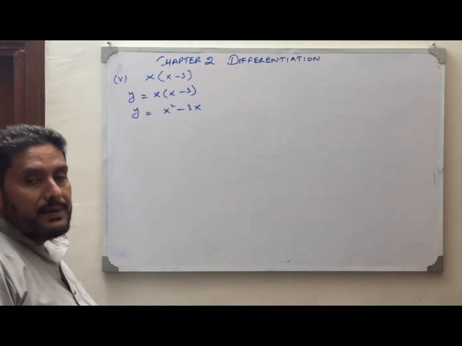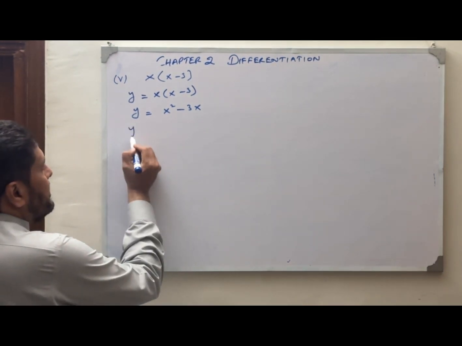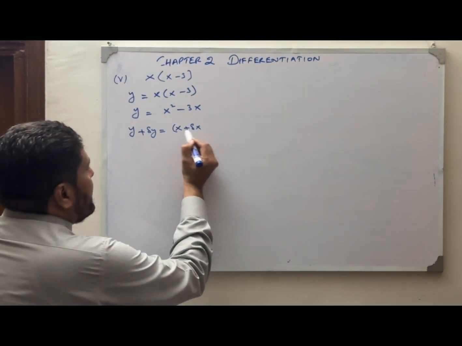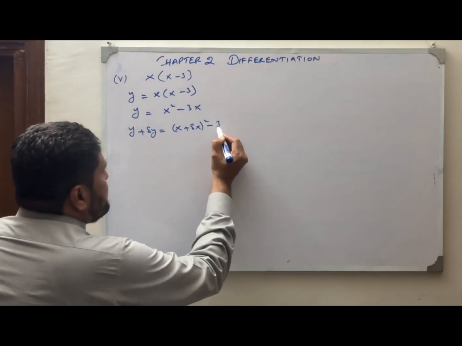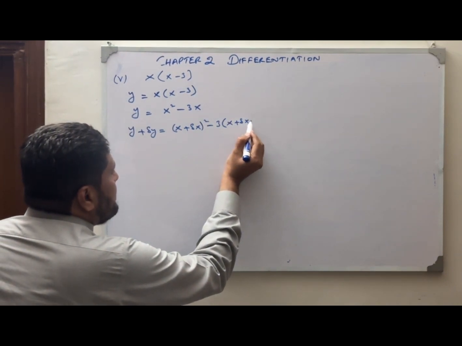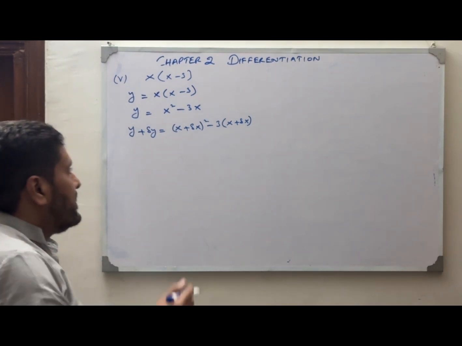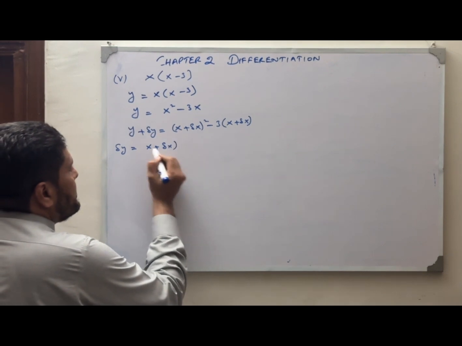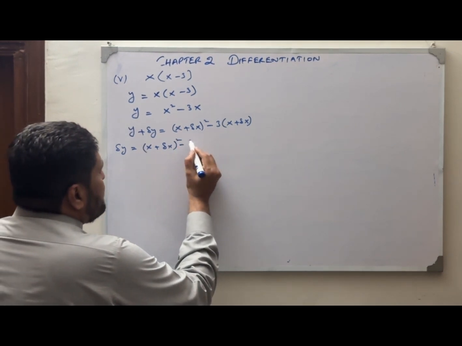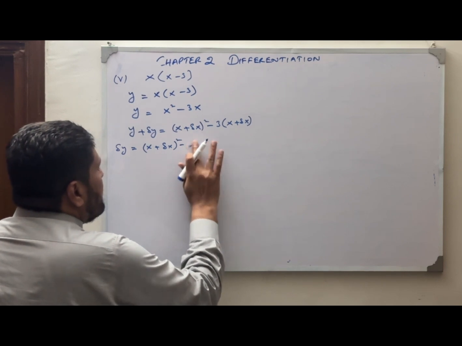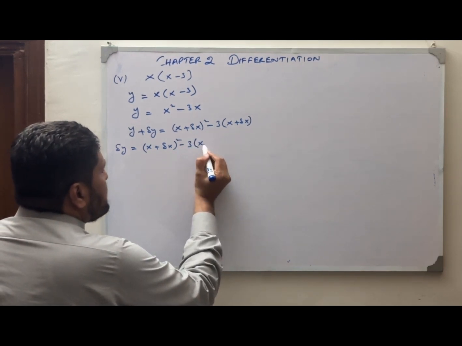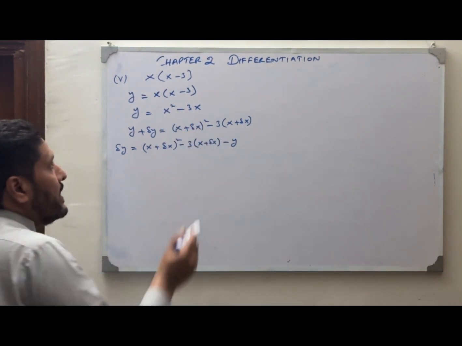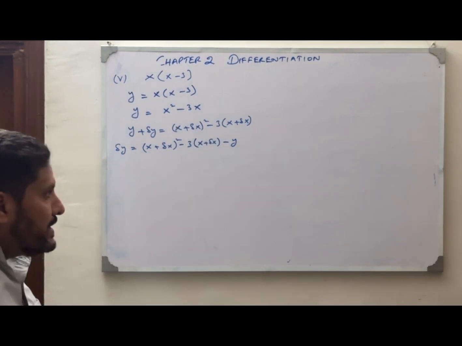So the first step, we have to take y plus delta y, the slight change in the function, that is equal to x plus delta x whole square minus 3 into, in place of x we write x plus delta x, and then delta y is equal to x plus delta x whole square minus 3 into x plus delta x minus y, and our y is x square minus 3x.